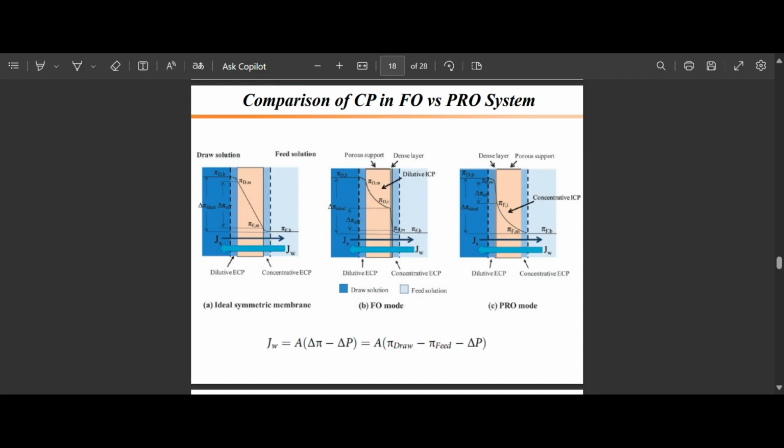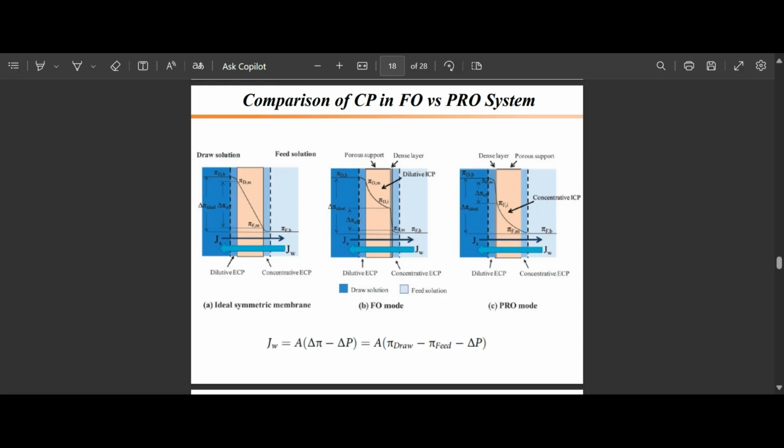This is the osmotic gradient. To keep the target amount of JW, we have to do our best to keep this osmotic gradient, as long as we select two different water solutions for the draw solution and feed solution.